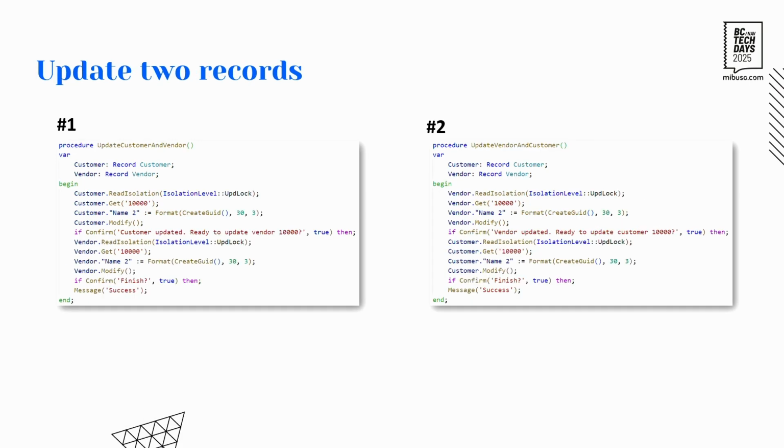Then we come into updating several records, 2 processes, and in this case, both of these do exactly the same, just in different orders. Here it's a customer and a vendor, but could also just have been 2 different customers.